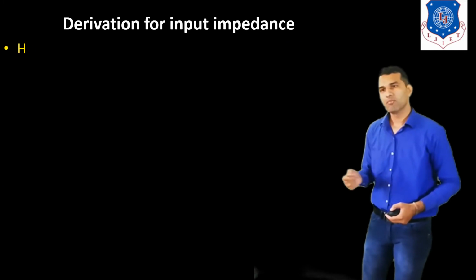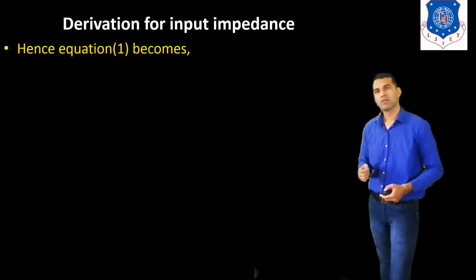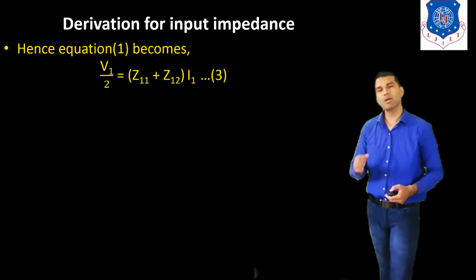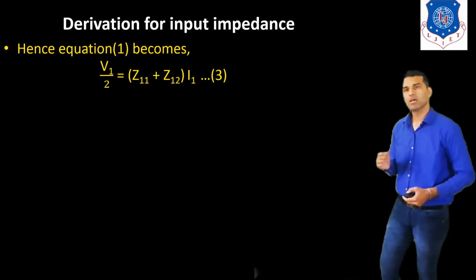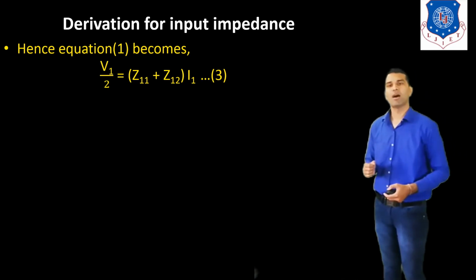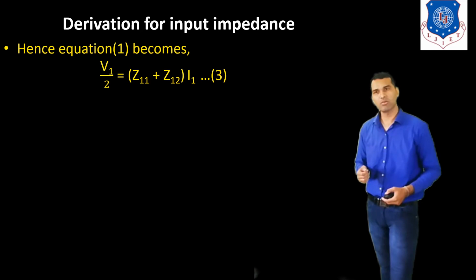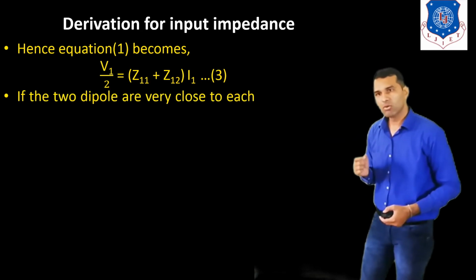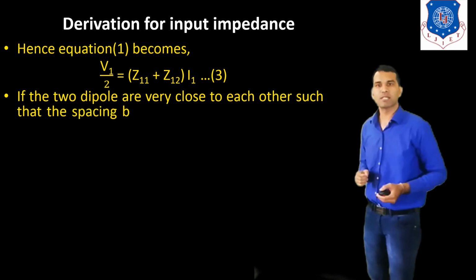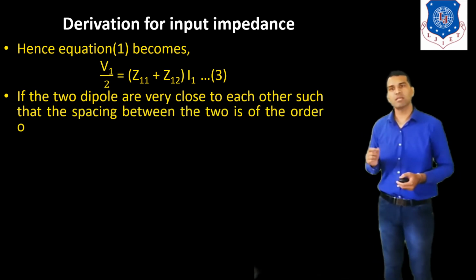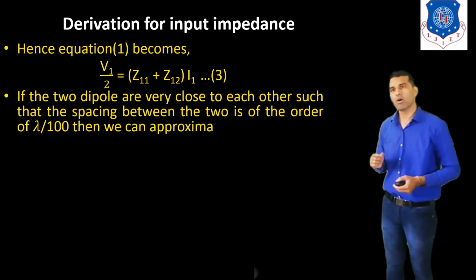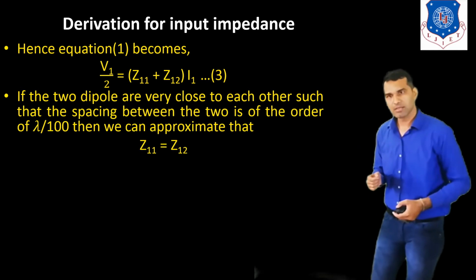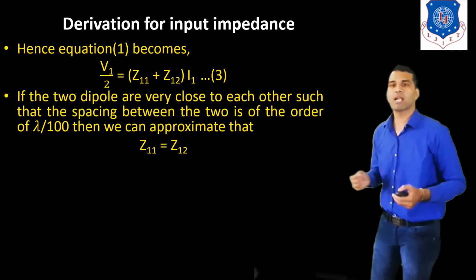Now by using this, we can write equation number 1 as V1 by 2 is equal to Z11 plus Z12 into I1, because I1 is equal to I2. Now, if the two dipoles are very close to each other, such that the spacing between the two is of the order of lambda by 100, then we can approximate that Z11 is equal to Z12.